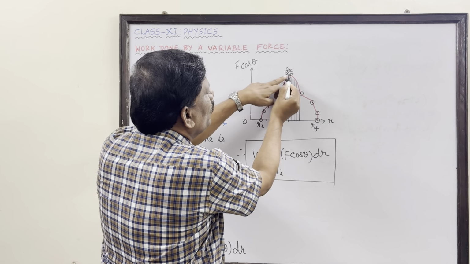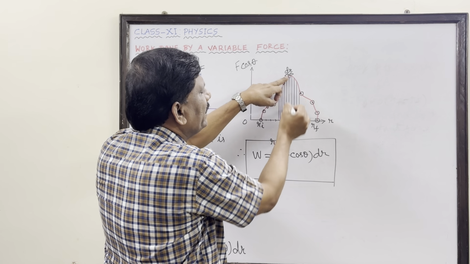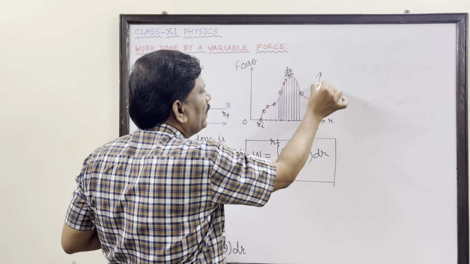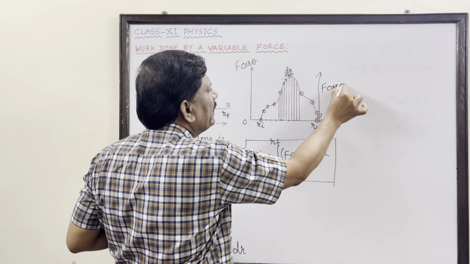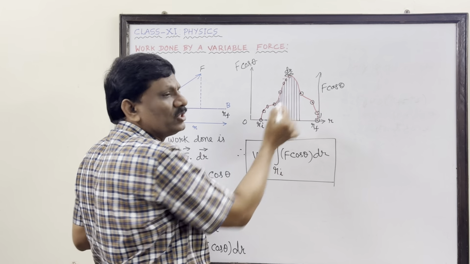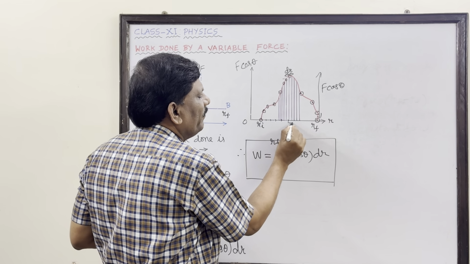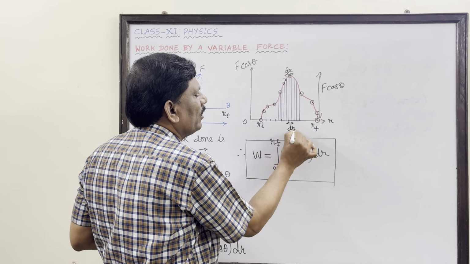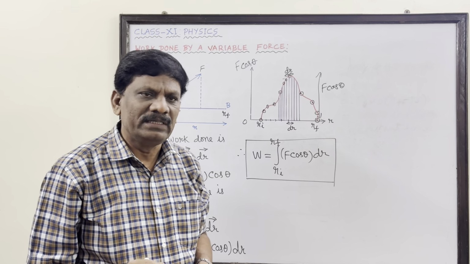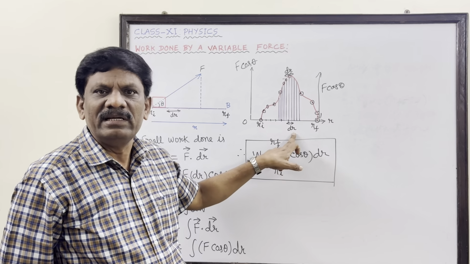But if I take two close points, almost the height is the same. So this height can be taken as F cos theta. So the height or the length of the strip is equal to F cos theta, and the width or the breadth of the strip is equal to dr. So the area of one small strip is equal to F cos theta into dr.